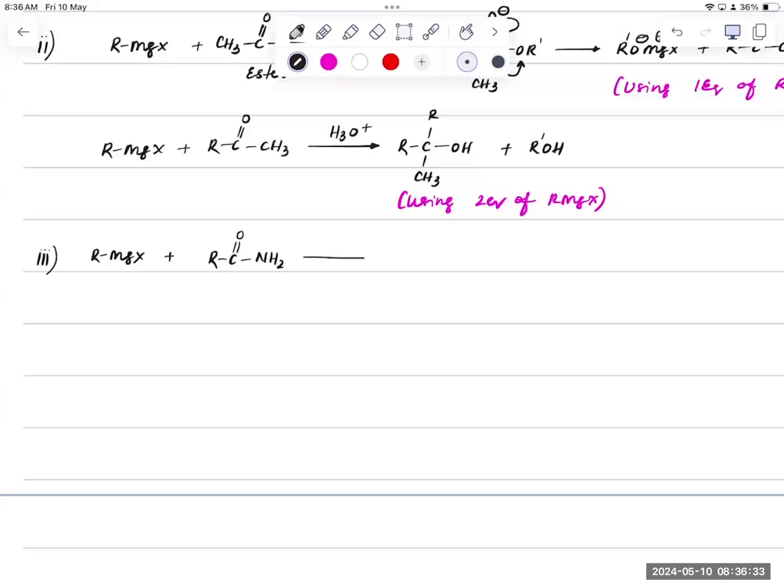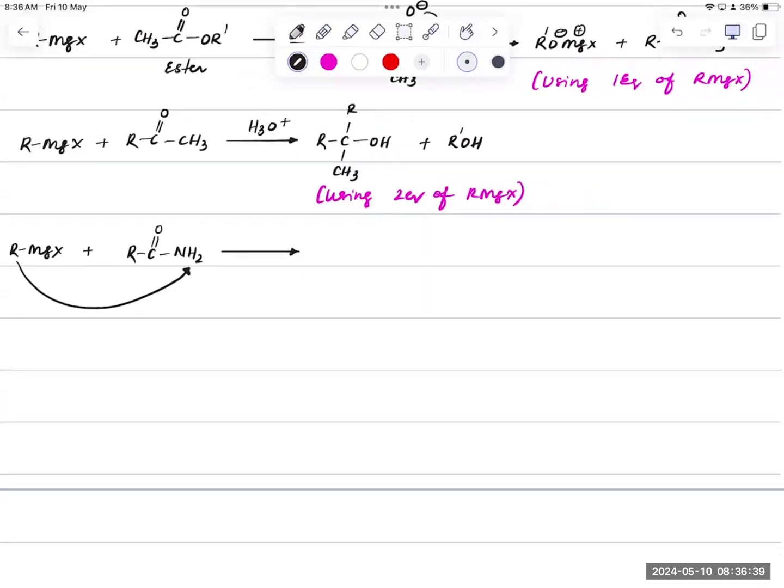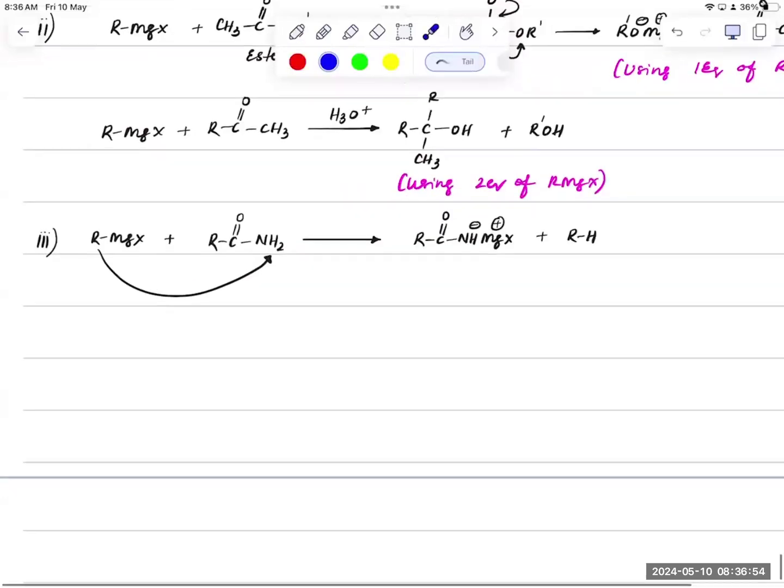okay. So what you will notice here is that R minus, instead of attacking on C double bond O, will directly take hydrogen from here. So we will get R C double bond O NH minus MgX plus we will get RH. Because when it comes to Grignard's reagent, the first reaction which you need to check is the acid-base reaction.